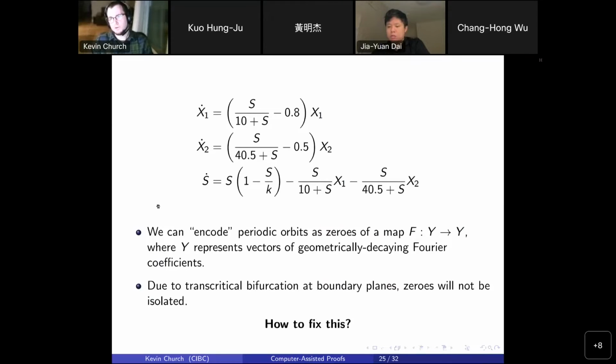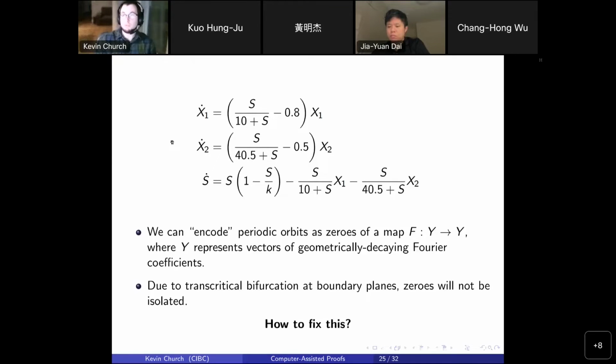There's a bit more work to it than just substituting x as x1, x2, and s as Fourier series, because non-polynomial nonlinearities sometimes cause problems, but there are ways for us to get around it. So take my word for it that we can indeed build a map out of this.